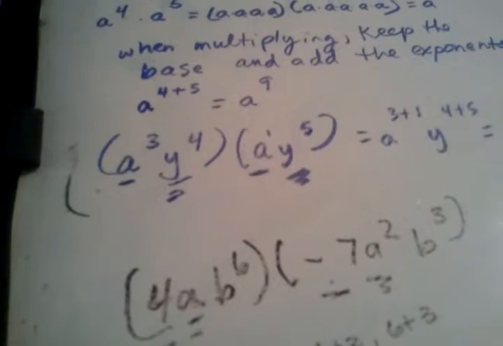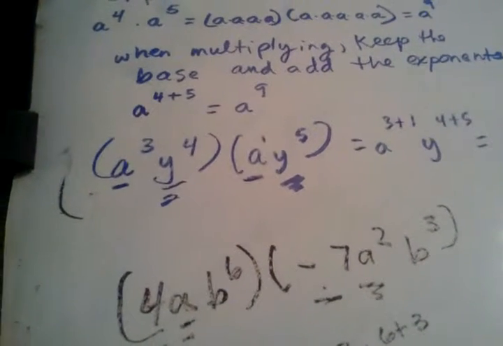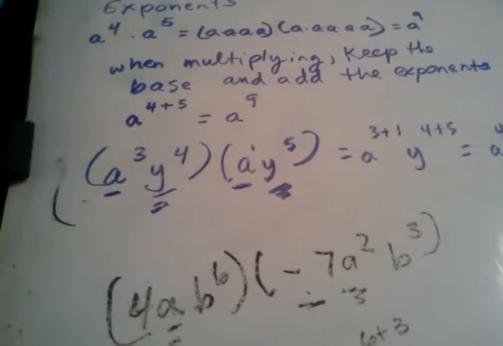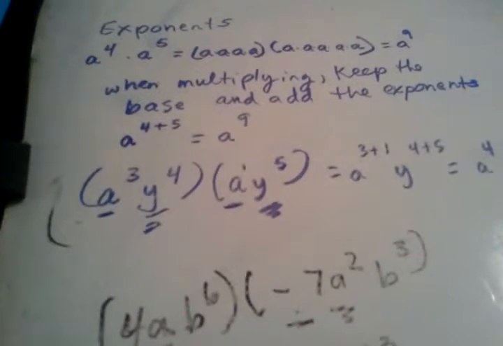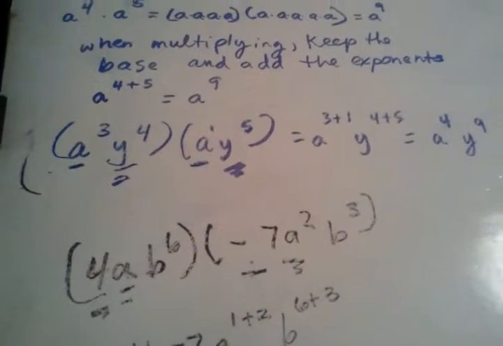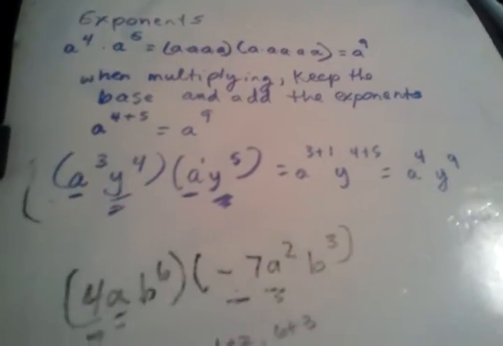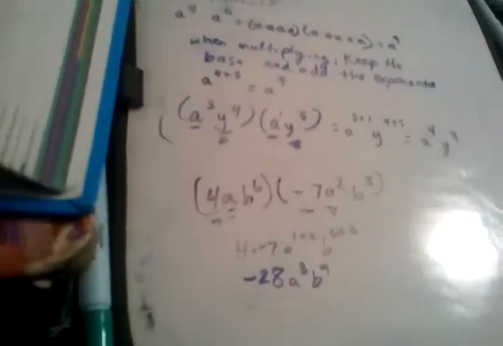The only other problem that they may throw you is when they have an exponent that's just chilling on the outside of a parentheses. So I want you to see that, and then we'll end with that. All right.